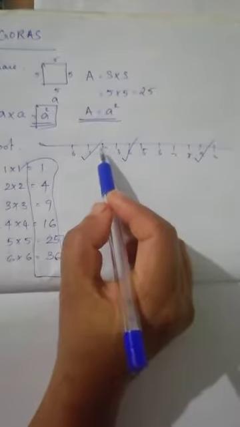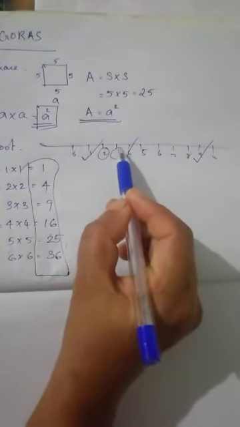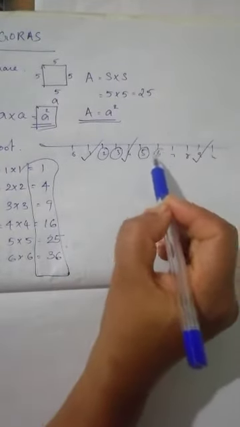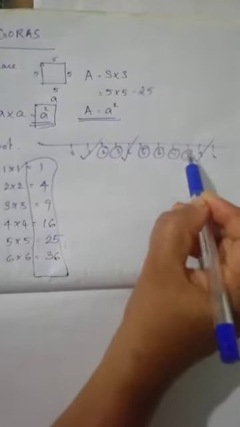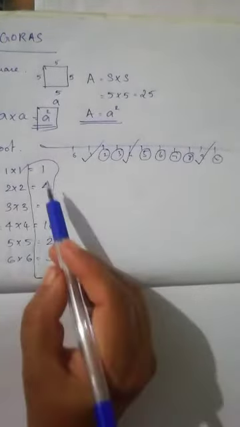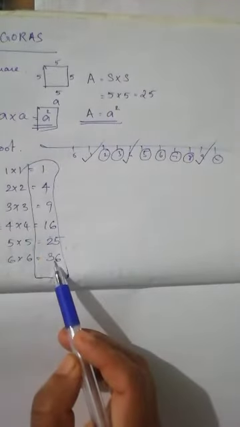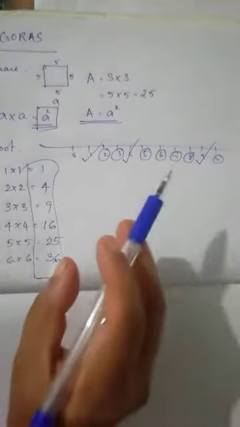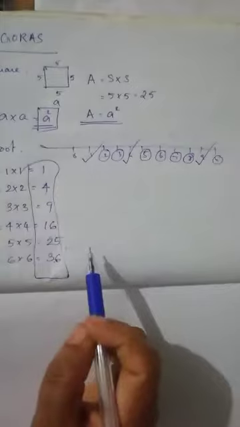But 5, 6, 7, 8 are non-square numbers. On the number line, only some numbers are square numbers.